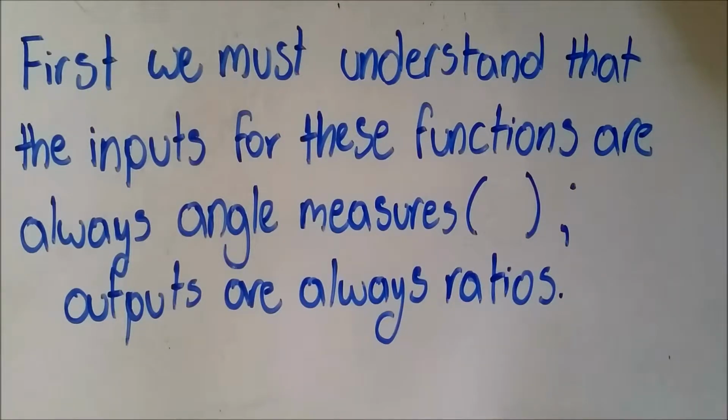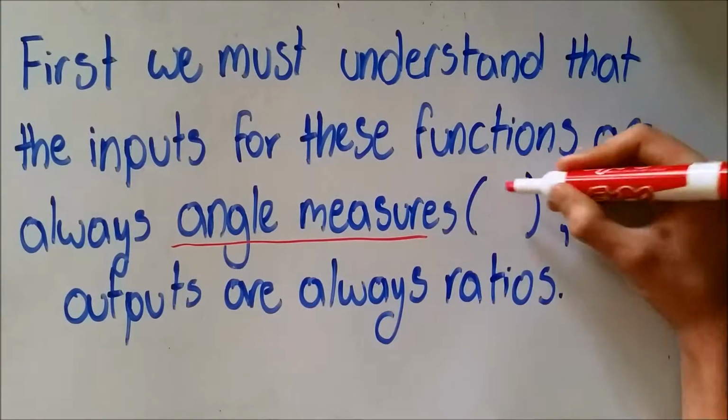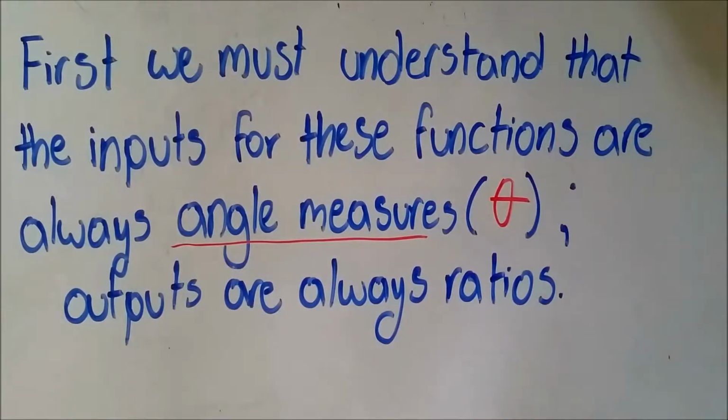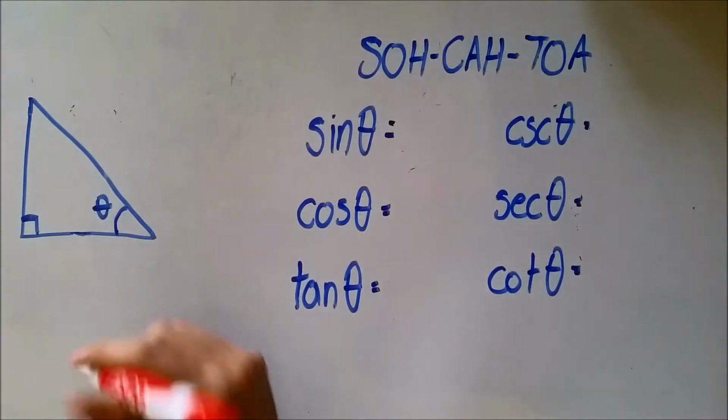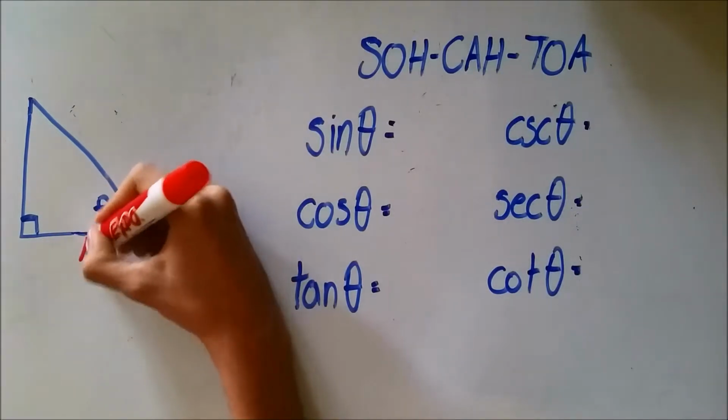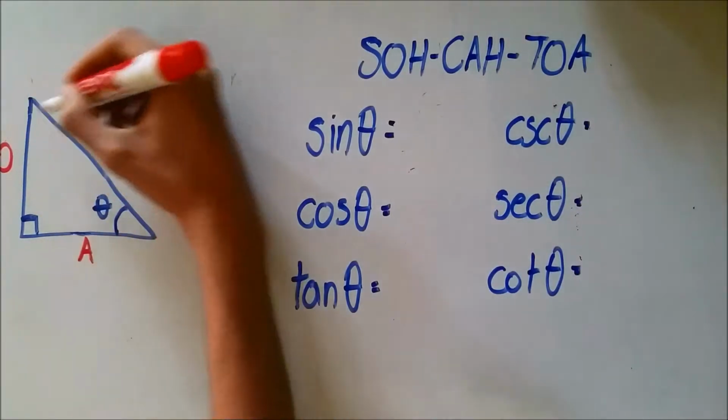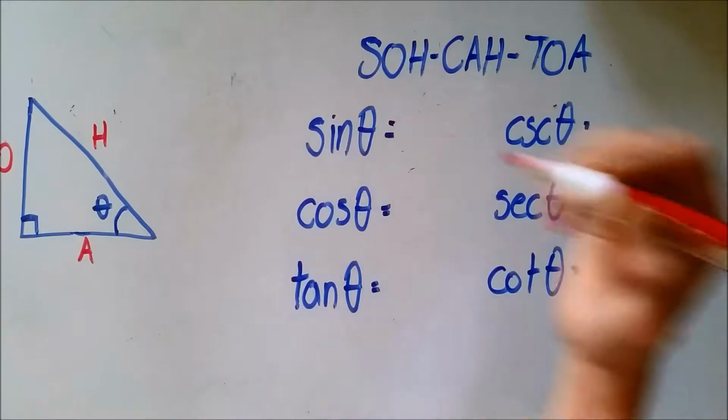First, we must understand that the inputs for these functions are always angle measures, as in theta, and the outputs are always ratios. We are now going to find the ratio for each of the trigonometric functions in a triangle. In a triangle, you will be given the angle theta and the lines adjacent, opposite, and hypotenuse.